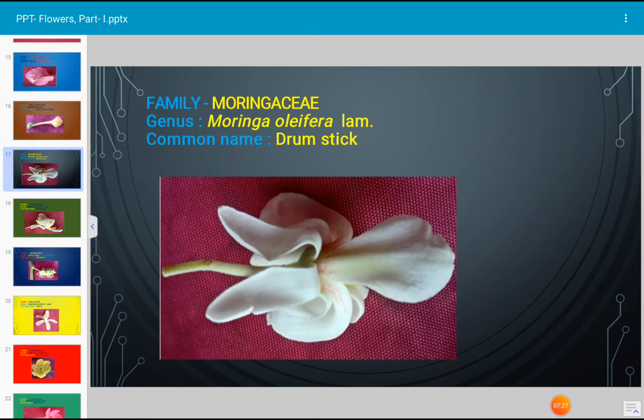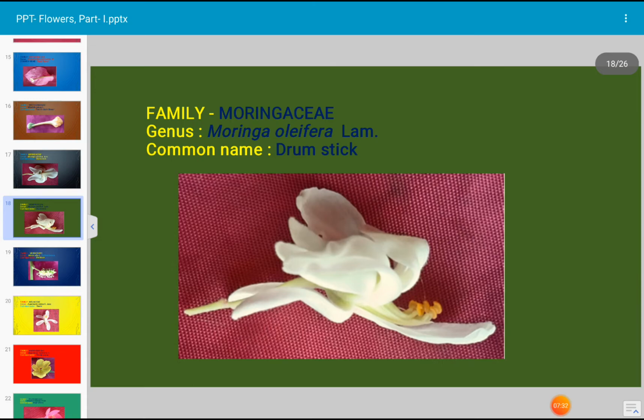Pods are used as vegetable. Next, this is the side view of the Moringa oleifera flower, which I just told you is drumstick, and the family is Moringaceae. It looks like a doll-like flower.